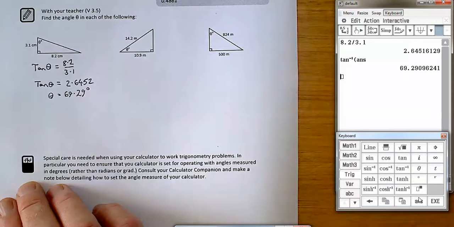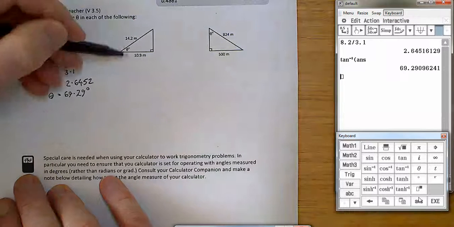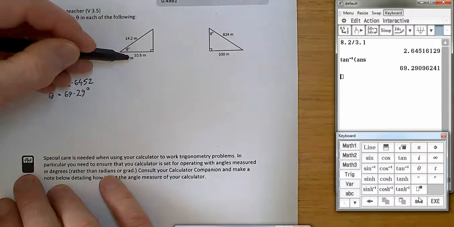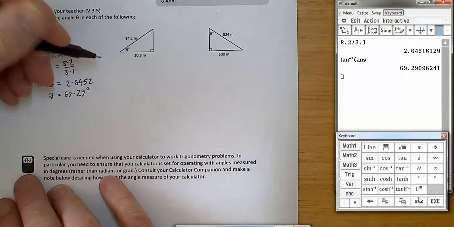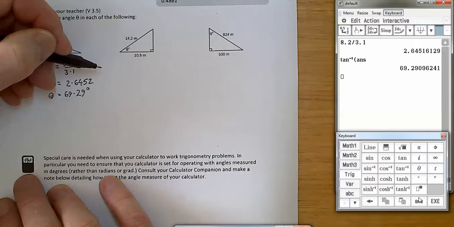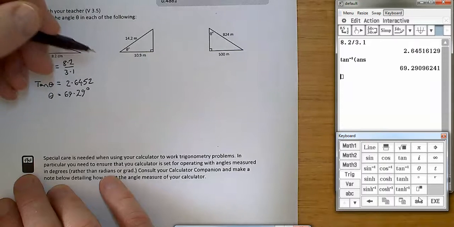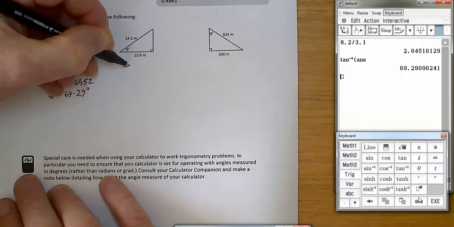Let's do another one. So, step 1 is which sides are involved. In this case, it's the adjacent and hypotenuse. Step 2, which ratio is it that connects together those sides? The adjacent and the hypotenuse are connected by the cosine ratio.